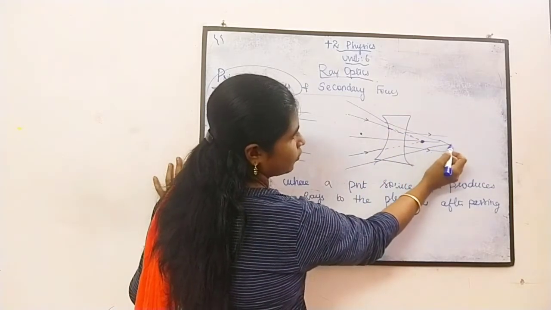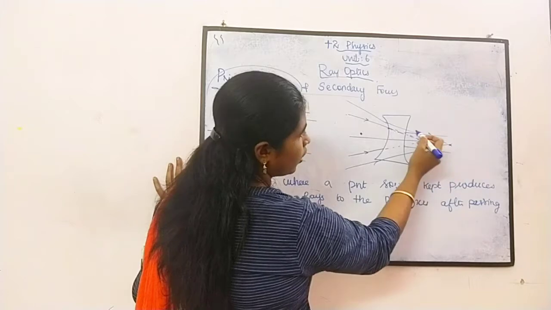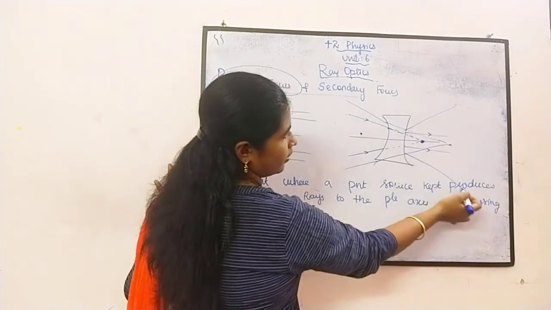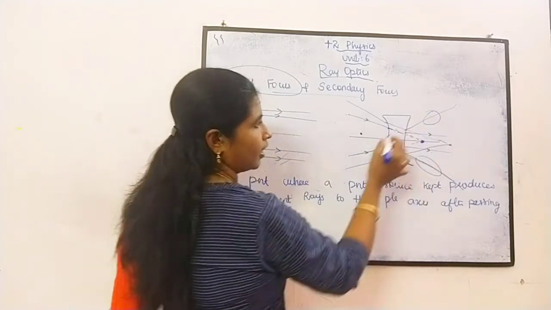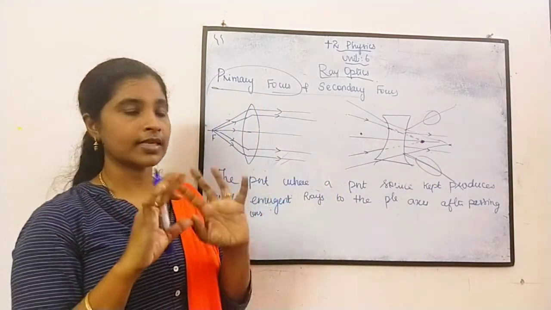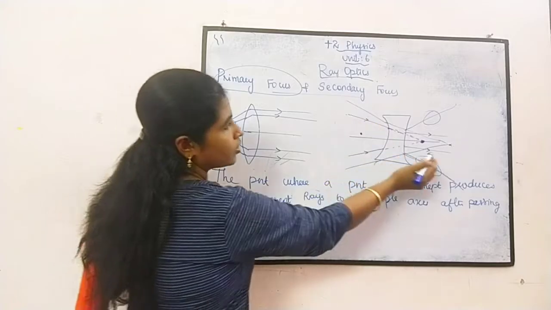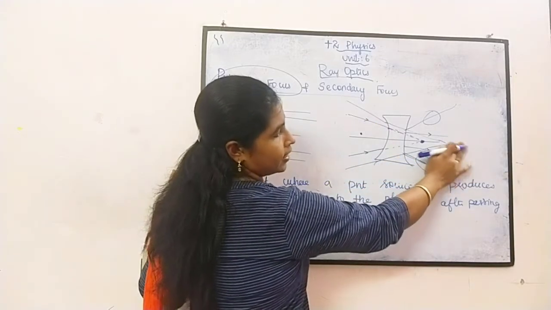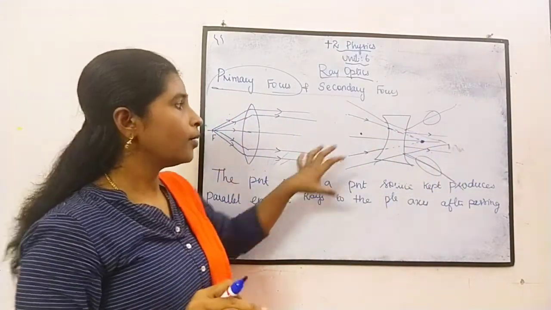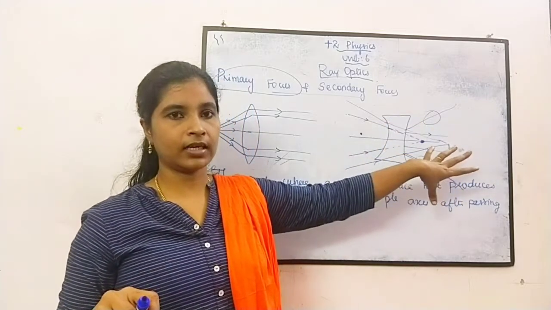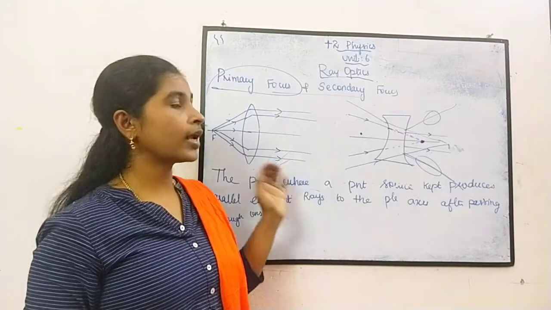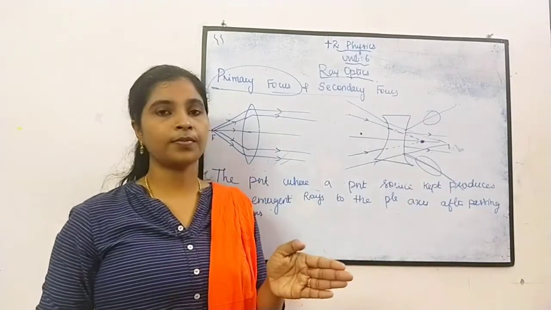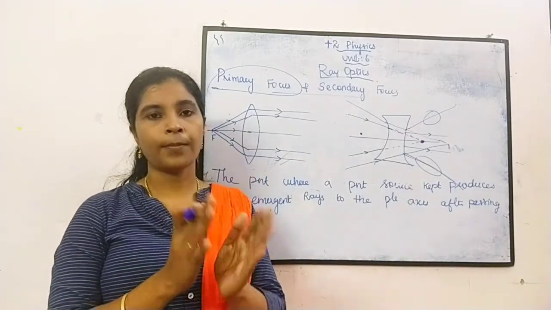Even if they focus at this point, they may have gone like this, and the refracted ray may not be parallel. Clear? So we cannot take this as the focus point, because it is not emerging parallel. So the point of focus at which the rays emerge parallel to the principal axis, we are calling it the primary focus.